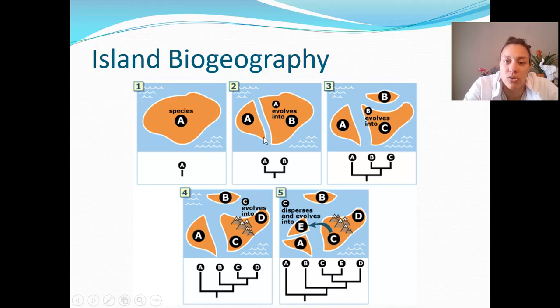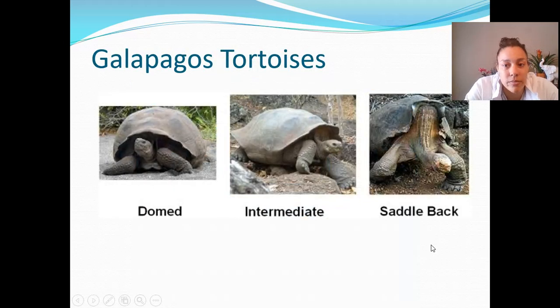Then we can see that 2 islands separated, and A had some selective pressures on this different island that also evolved into a new species B. Maybe species B was thriving better in this new island that formed over here, and it just continues from there, with geographical barriers causing groups to evolve and separate from one another. But we can still see that this all stemmed from species A at the beginning. So there's that common ancestor.